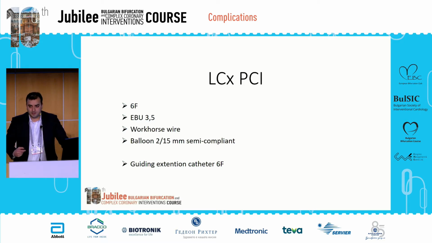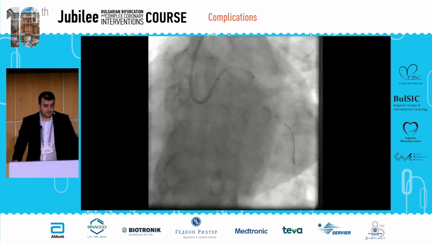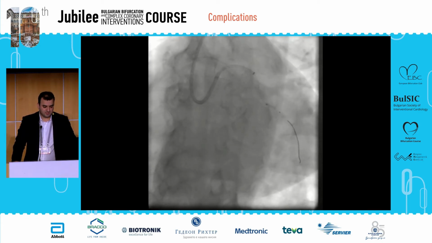We relatively easily passed through the lesion and tried a semi-compliant 2.15 balloon, but it was not possible, so I decided to take a 6 French guiding extension catheter, and I passed half of the lesion. It was not easy, but I dilated several times, and you can see the waist of the balloon.